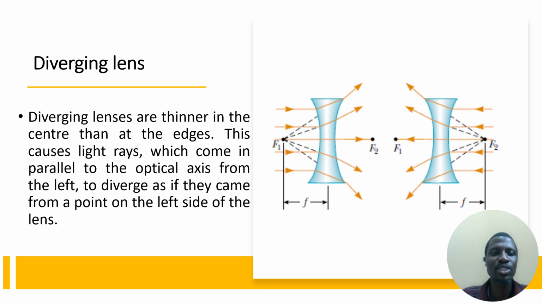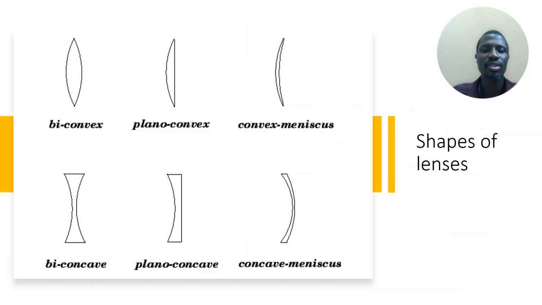The diverging lens is also known as concave lens or negative lens. Common shapes of convex lenses are biconvex, planoconvex, and convex meniscus as shown on this slide, and the common concave lenses are biconcave, planoconcave, and concave meniscus.